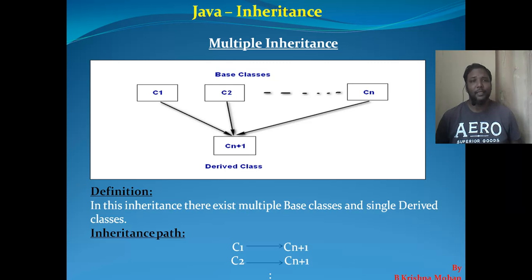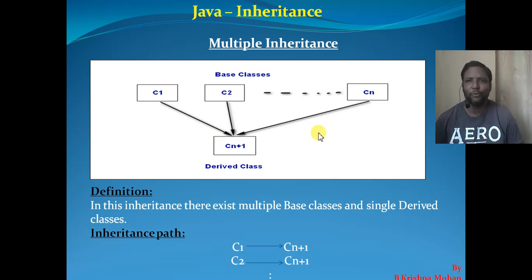In this inheritance there exist multiple base classes and a single derived class. See here, a many to one relationship: c1 to cn plus 1, so on. There are multiple parents here for a single derived class.